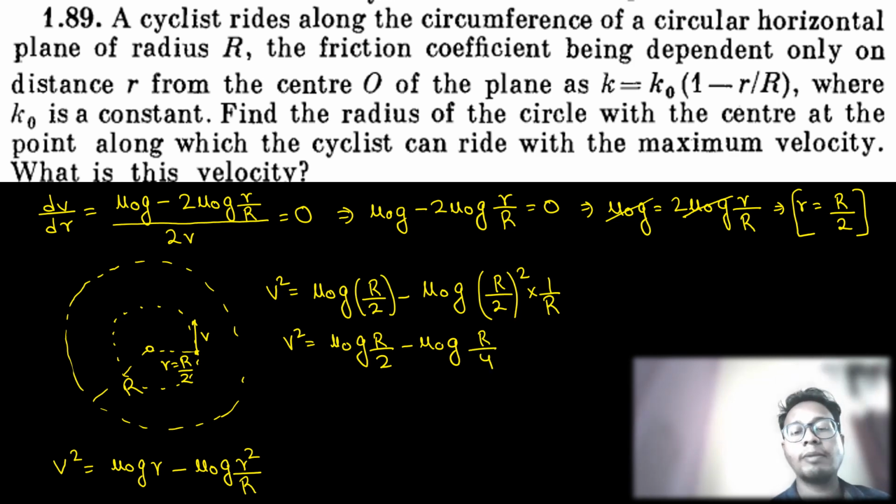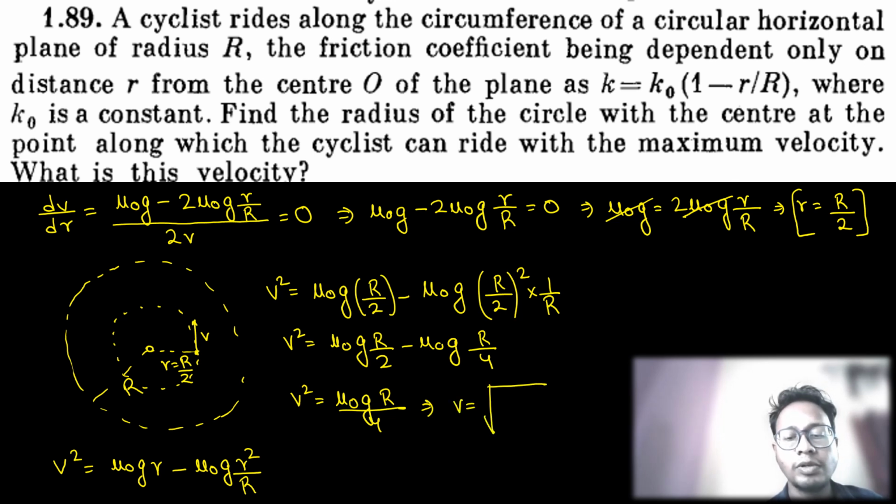So 1 by 2 minus 1 by 4 is 2 by 8, or 1 by 4. So v square is mu naught g R by 4, or v is equal to the square root of mu naught g R by 4.